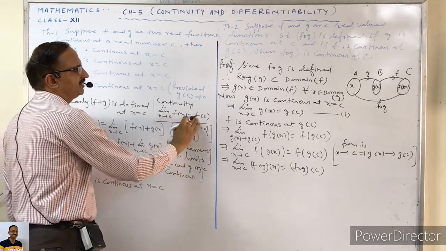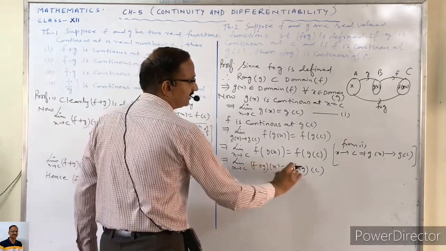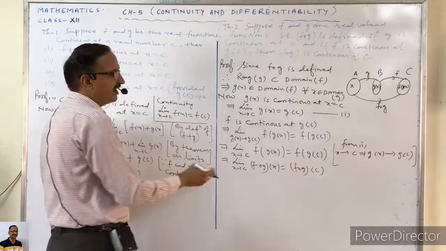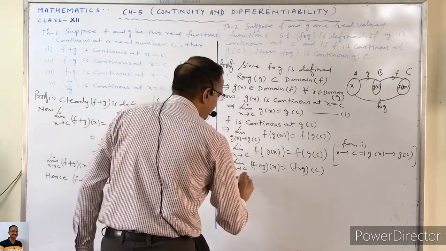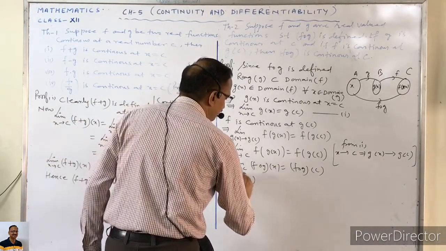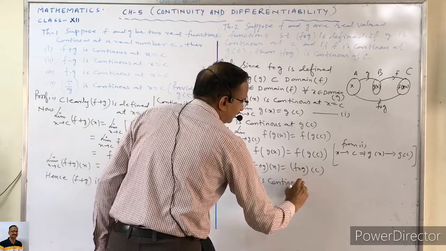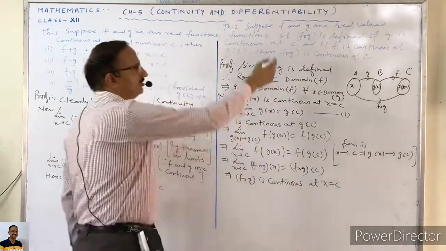This is f(x), this is f(c), limit x tends to c. This is (fog)(x) and this is (fog)(c), limit x tends to c. It means fog is continuous at x equals c.